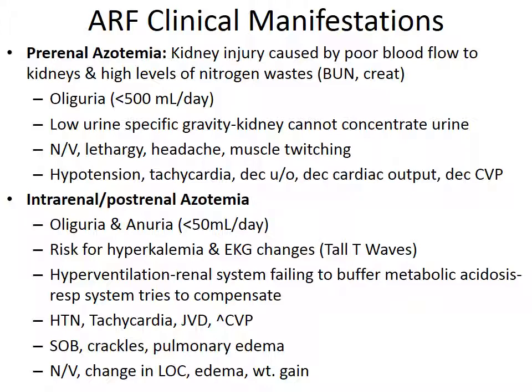The patient experiences hypertension, tachycardia, jugular venous distension, and increased central venous pressure. You'll also note as you assess your patient that they'll be short of breath, they'll have crackles in their lungs, and pulmonary edema. Additionally, the patient may experience nausea and vomiting, a change in level of consciousness, edema, or weight gain.